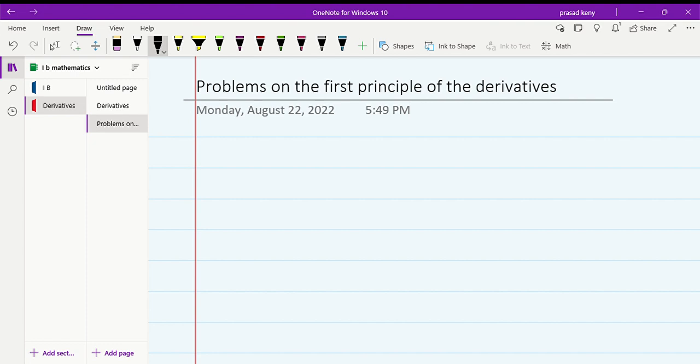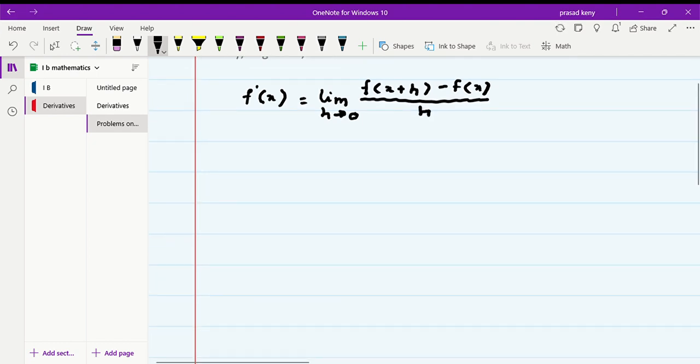So according to that, f dash x, that is the derivative of given function f(x), is limit as h tends to 0 of f(x plus h) minus f(x) upon h. So let us see some of the problems on this, or rather some derivations.